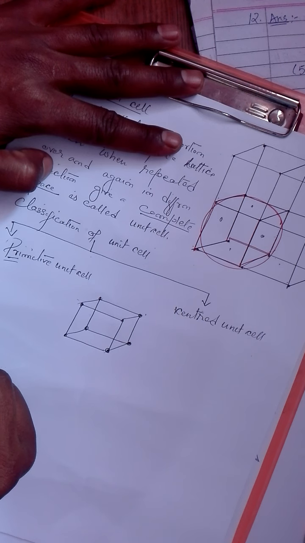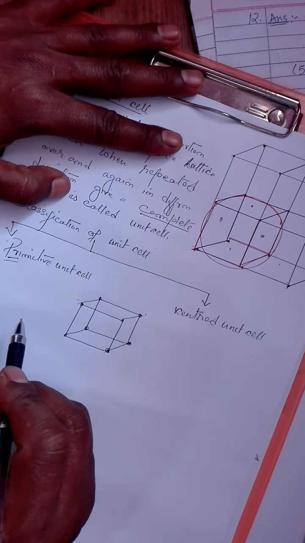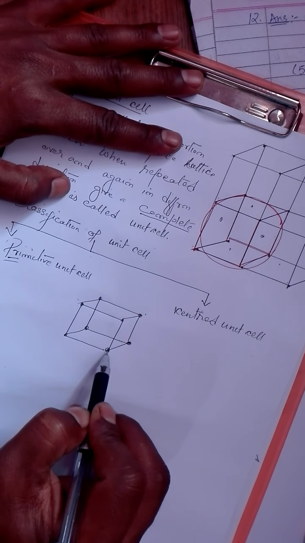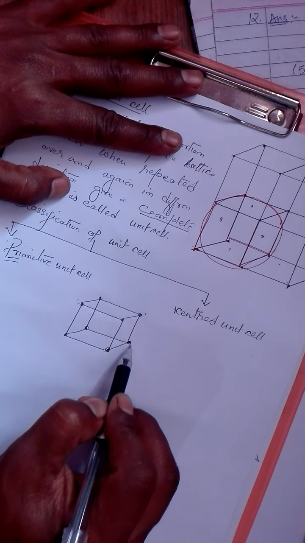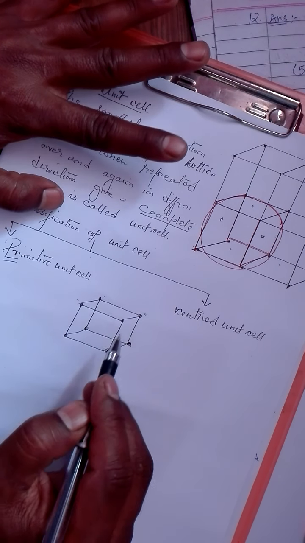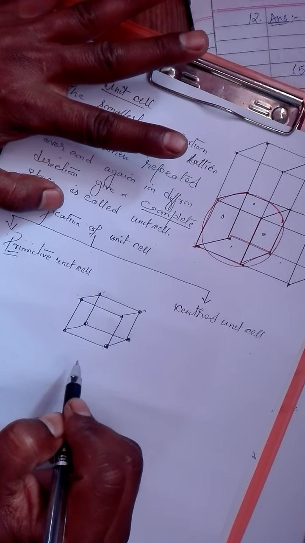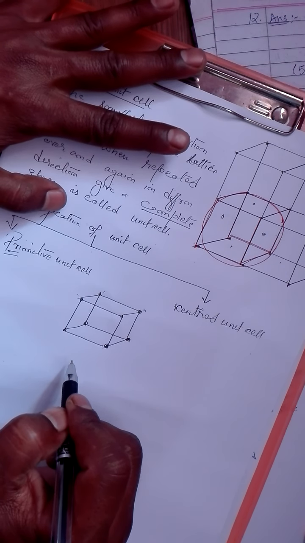You got that? However, if in the unit cell that you draw, apart from the constituent particles that are present at the corner, there are extra particles present in any other face or within the body, you got that?